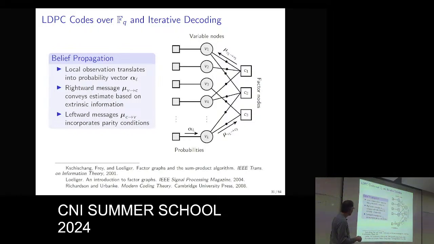On this graph, the local information is denoted by alpha L. Then you have two types of messages: a message mu that goes from variable node to check node, and a message that goes from a check node to a variable node.